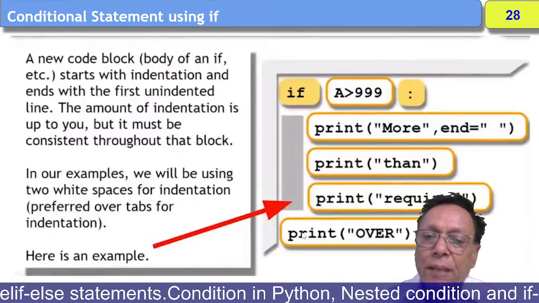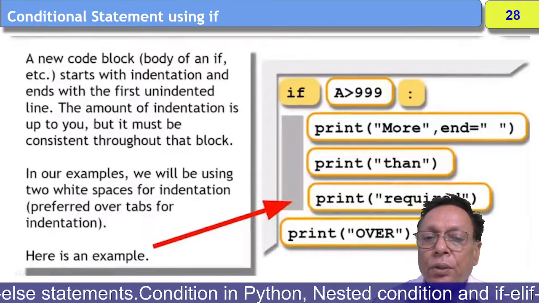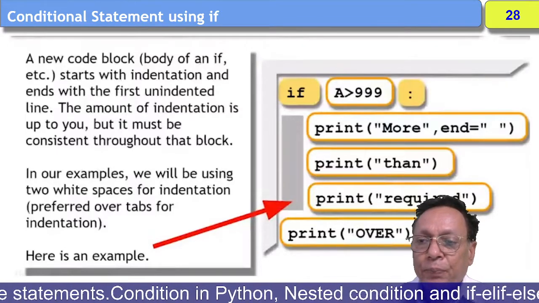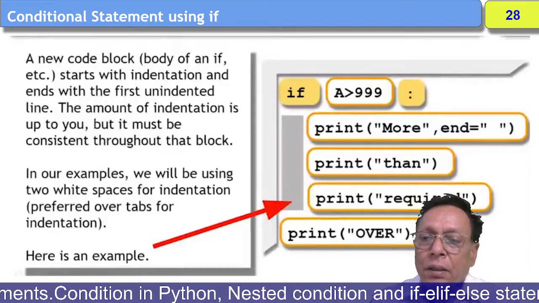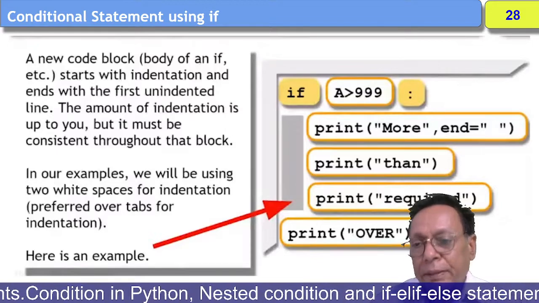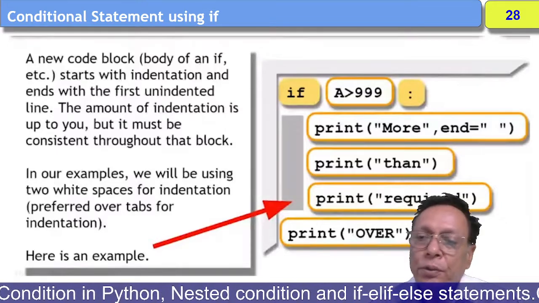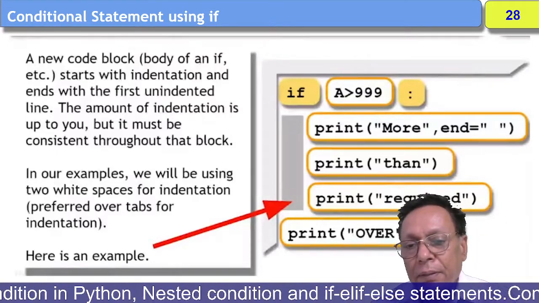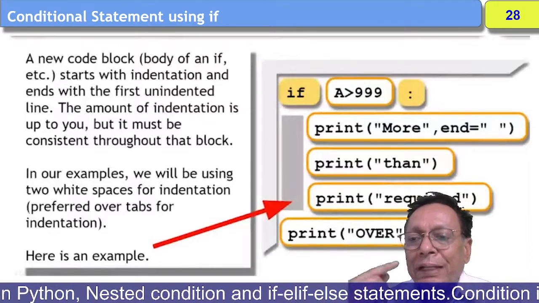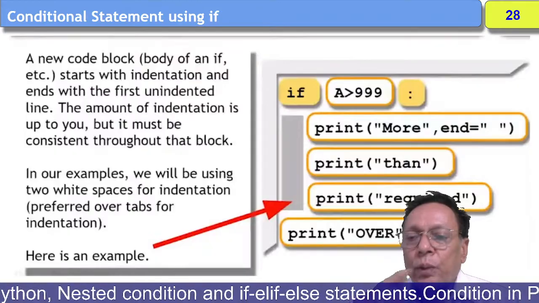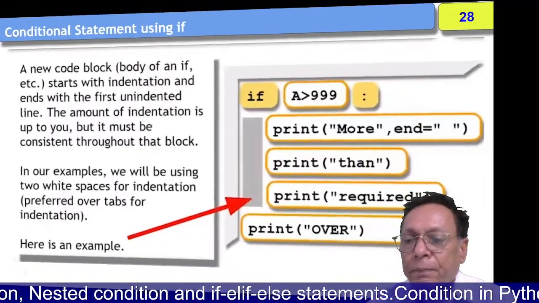So in our examples, we'll be using two white spaces. You can take one, but it depends. I'll take two, you can take three, or tab. It depends on the user, but indentation should leave at least one column from the left margin.